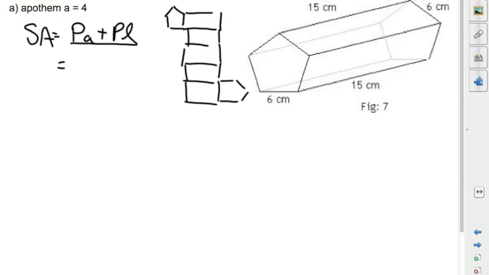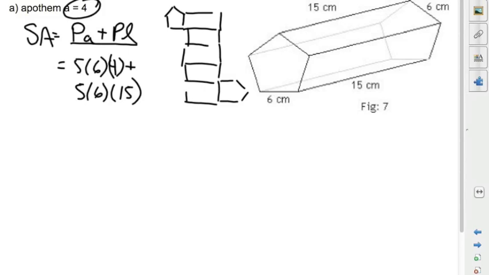Yeah, the perimeter is the number of sides times the length of each side, times 6. The apothem here is 4, plus 5 times 6 times 15. So 5 times 6 is my perimeter in both cases. My apothem here is 4, and then the length of my prism is 15 centimeters.